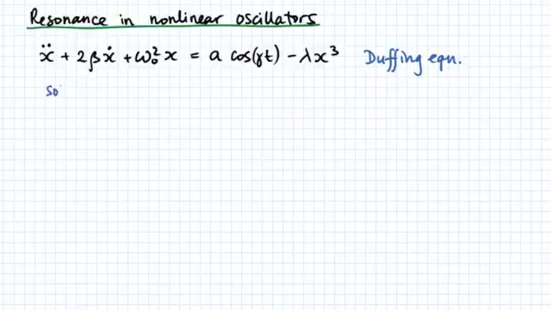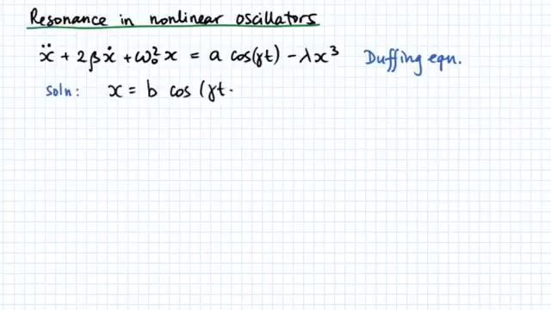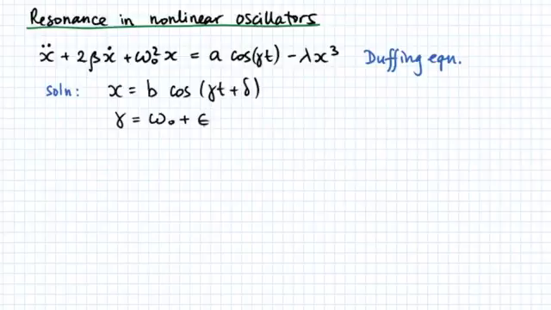We seek a solution in the usual form, where x will be given by some amplitude b times cosine gamma t plus delta. Frequency gamma we will write as being close to natural frequency omega naught plus some small detuning epsilon.